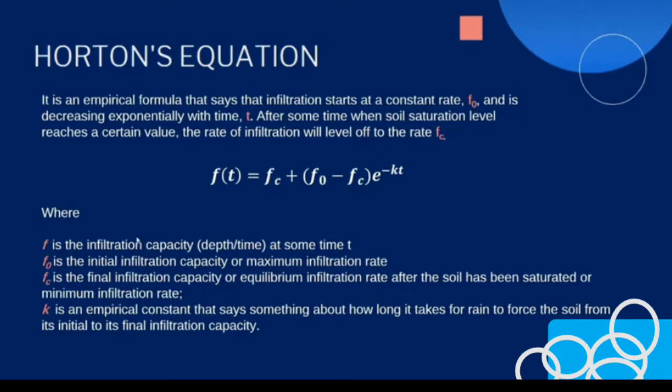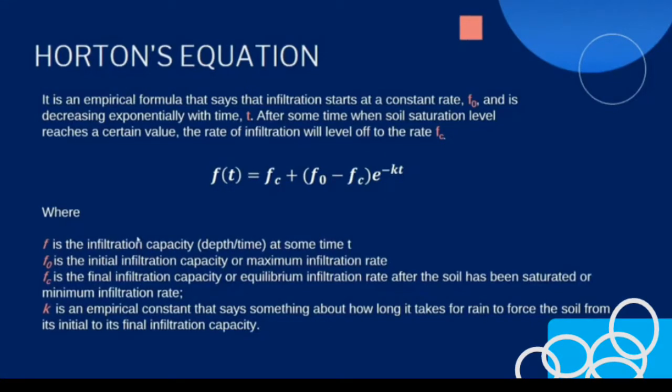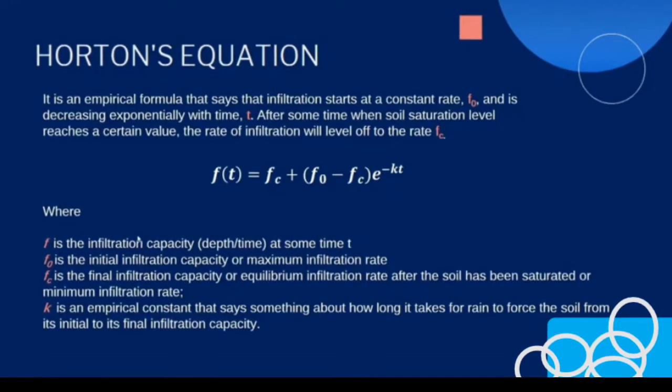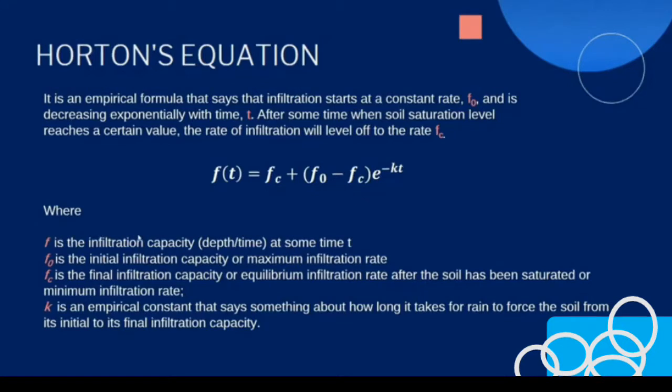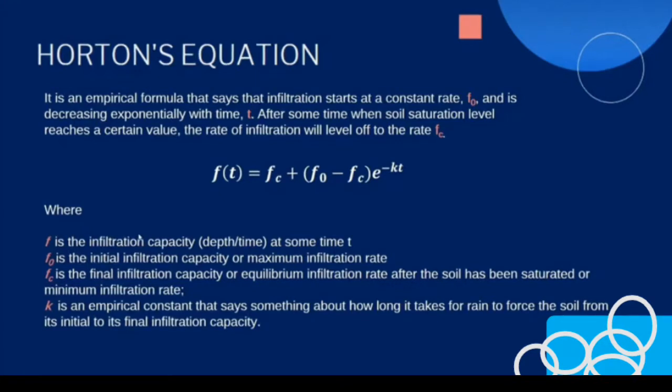Yung f sub c naman is the final infiltration capacity or equilibrium infiltration rate after the soil has been saturated or minimum infiltration rate. At lastly is yung k. k is an empirical constant that says something about how long it takes for rain to force the soil from its initial to its final infiltration capacity.